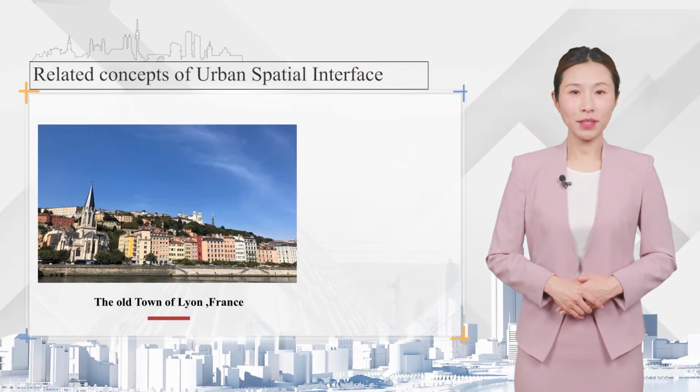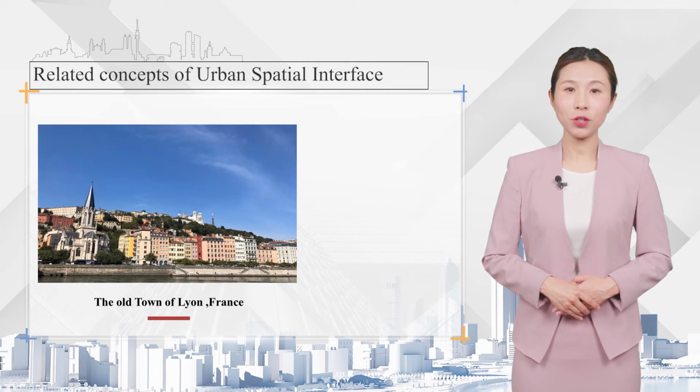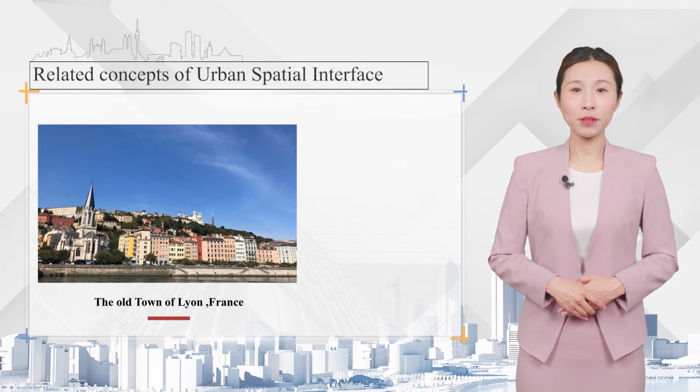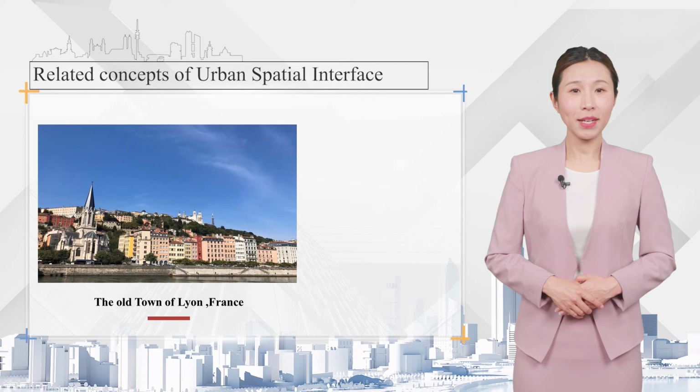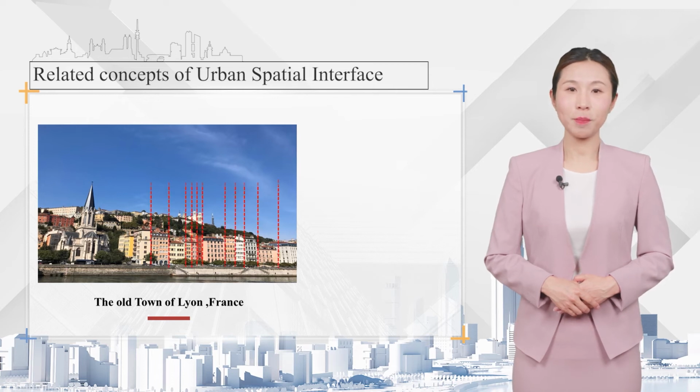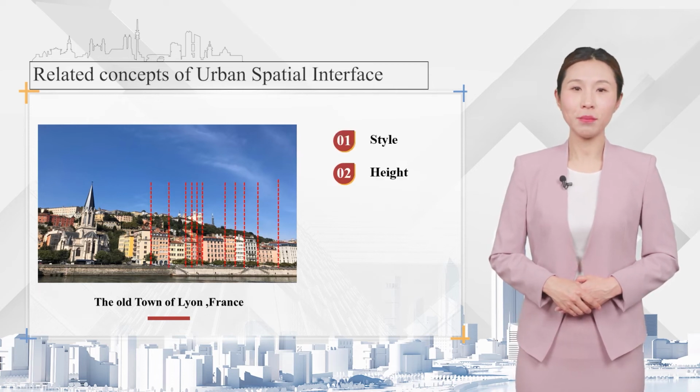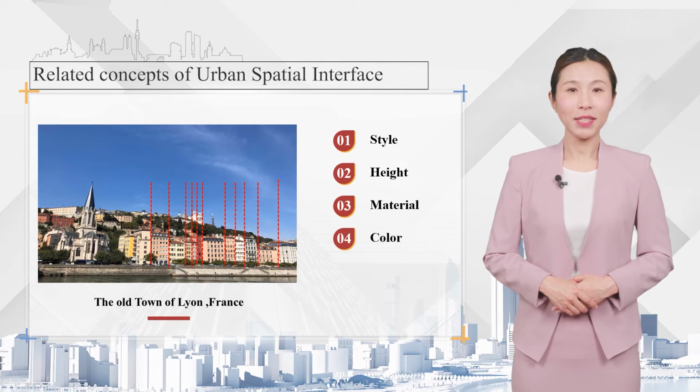This continuity will be reflected in the visual properties of the building's street interface, that is, the relationship of the building's style, height, material, and color, detail, and so on.